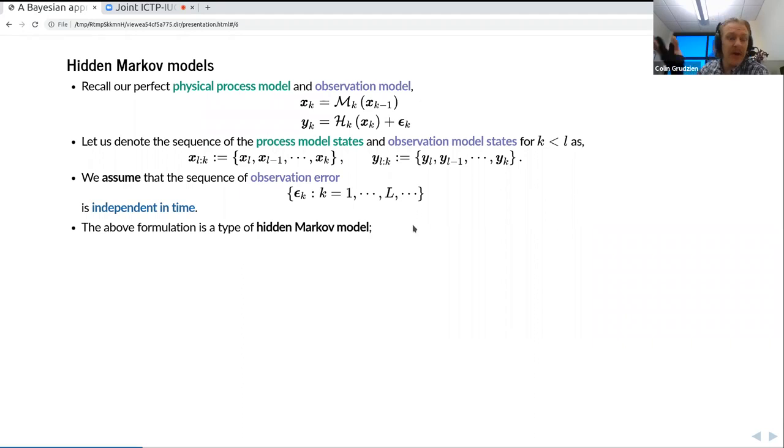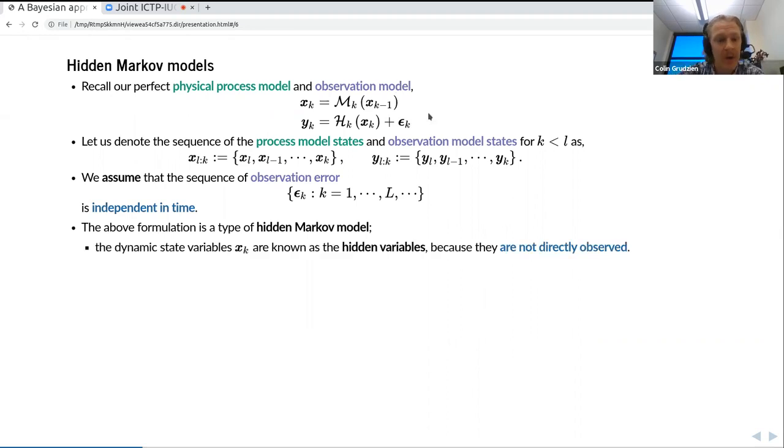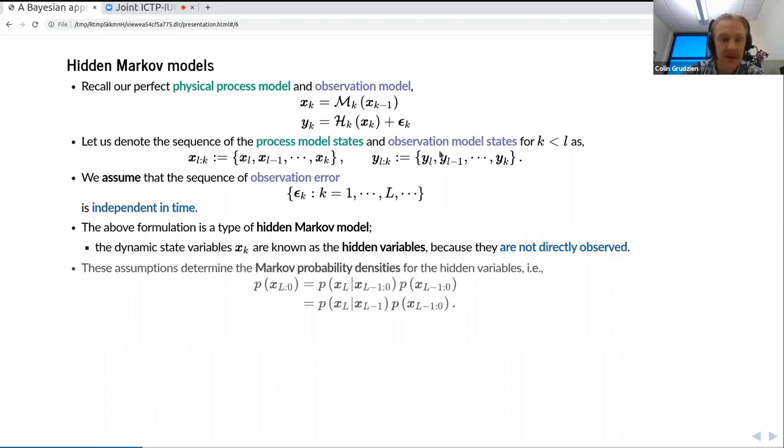So in the above, this is one type of hidden Markov model, where again we suppress this model error term, but we could easily generalize this and include that once again and still reside within this framework. What we say is these dynamic state variables are known as the hidden variables because, again, they're not directly observed. They're only indirectly observed through these y variables.